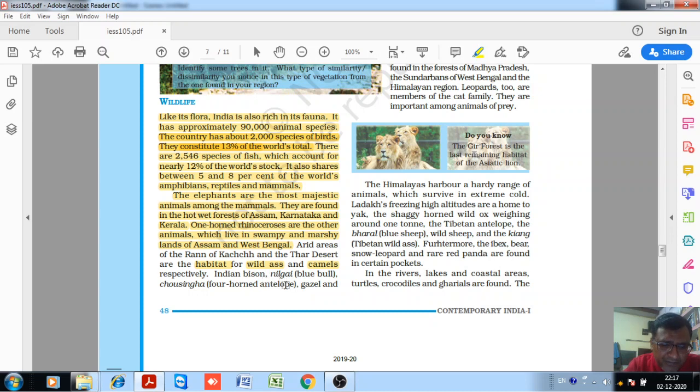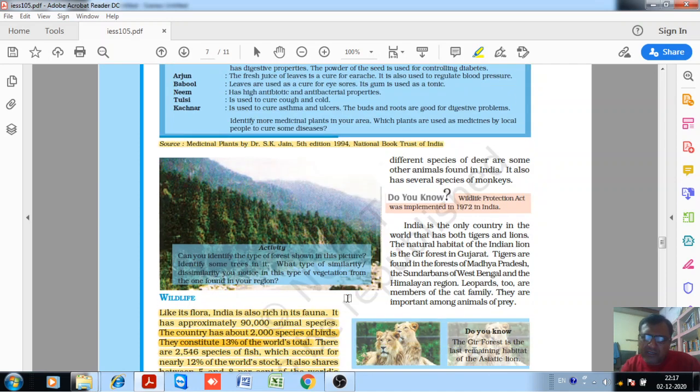Indian bison, Nilgai, blue bull, which you know as Roj in your local language, and Chausinga, four-horned antelope, gazelle, and different species of deer are some other animals found in India.